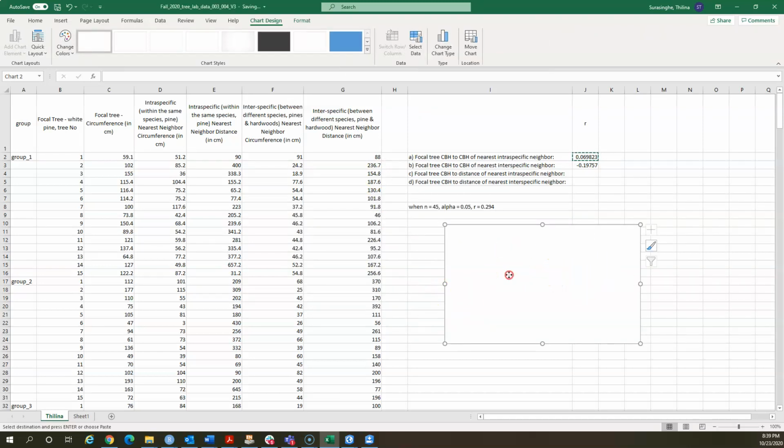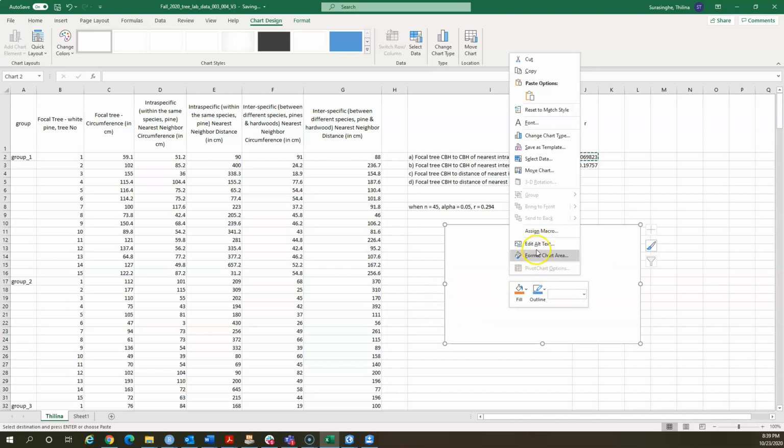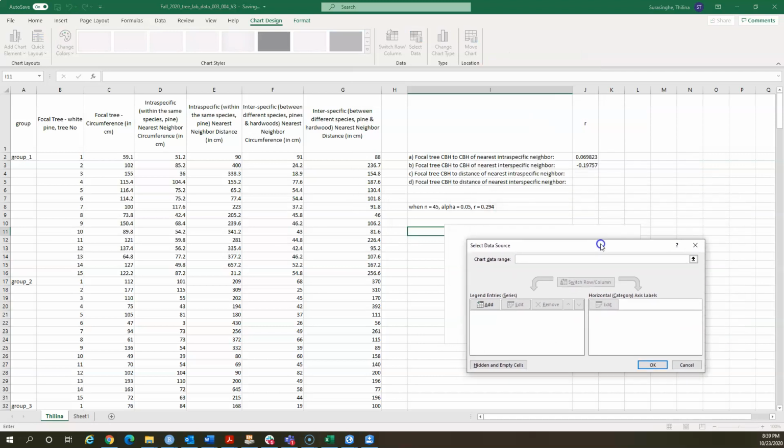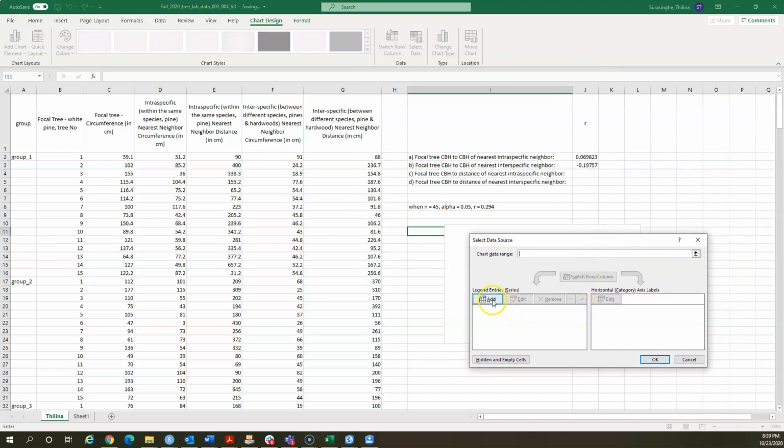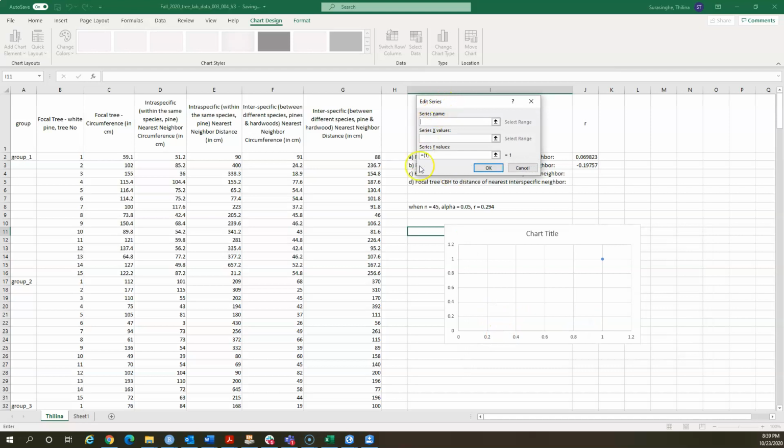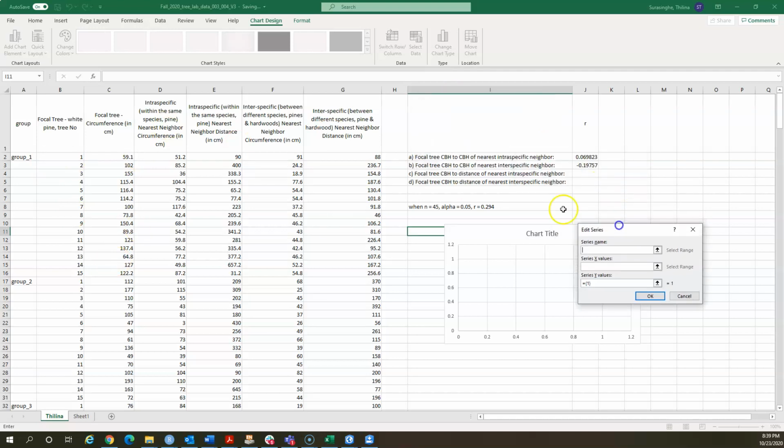That's okay. So you right click and then you go to Select Data. And now you have to add 2 axes. First, add a series name. You can call it this, so that you can identify what series it is coming from. I'm referring to this particular cell, focal tree CBH versus CBH of another pine. And my x-axis, I'm going to use my focal tree circumference as my x-axis.